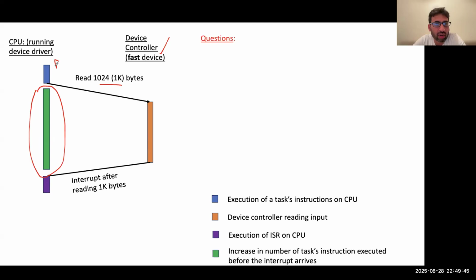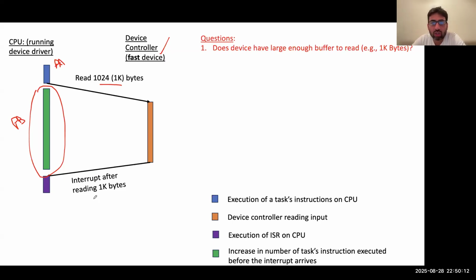So let's say this was program A, which said, okay, read 1 kilobyte of data. And while program A is waiting, the CPU can start running program B. And once the data becomes available and the interrupt arrives, the CPU will run the ISR and take care of the data. And again, when I say take care of the data, it will copy the data from the local buffer of the device controller into the memory, right?